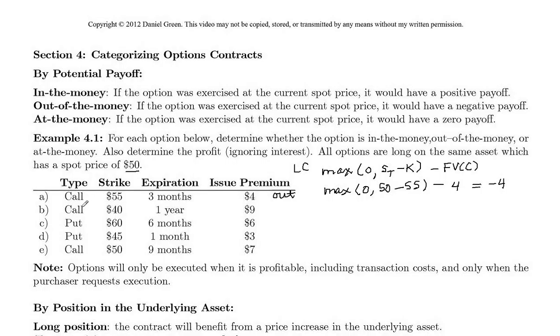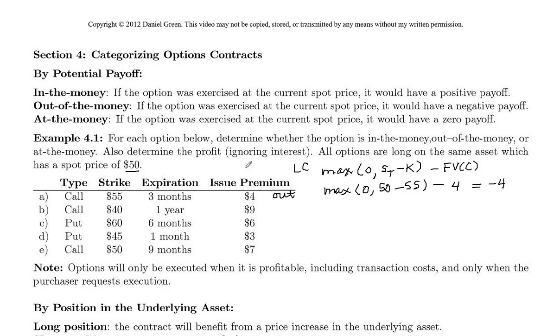Next we've got a long call with a strike of $40. The market price is $50, and we've got a right to buy for $40. You are in the money if you're going to make money by exercising, if you're going to have a positive payoff.